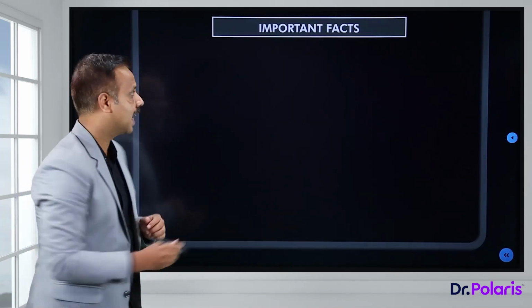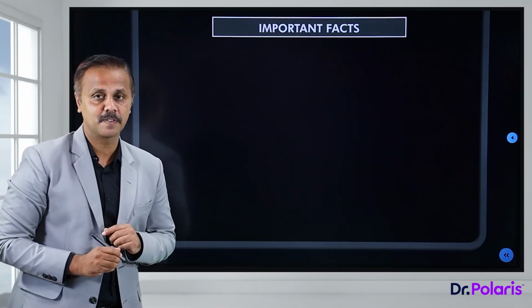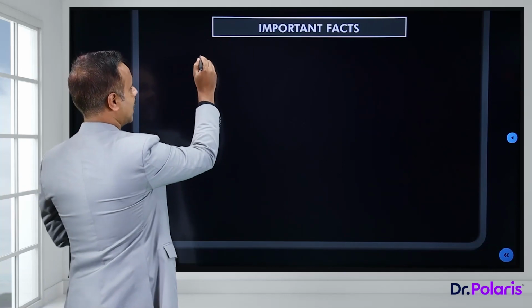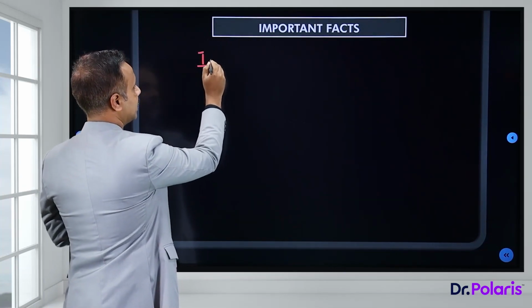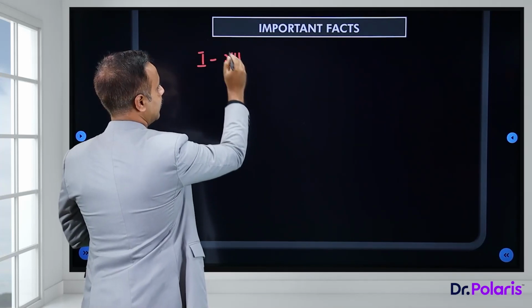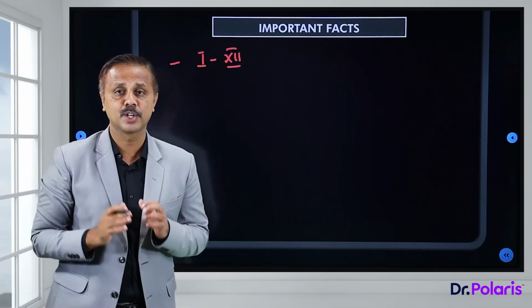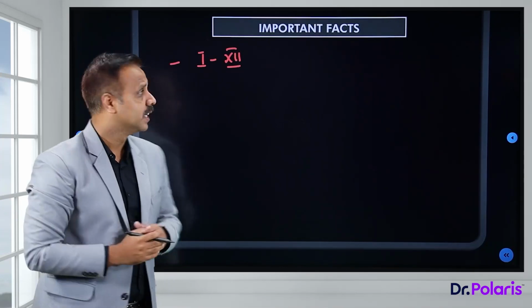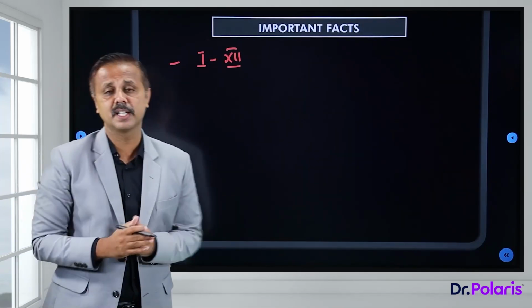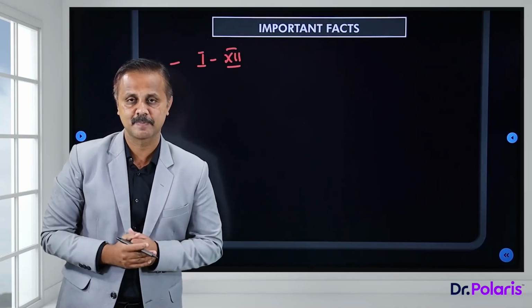Now remember, we have how many pairs of cranial nerves? We have 12 pairs of cranial nerves, and these are numbered using the Roman numerals 1 to 12. So remember, whenever you represent cranial nerves, you always have to represent them in Roman numerals. Right. Now the question is how the cranial nerves are numbered from 1 to 12. What is the basis for this?